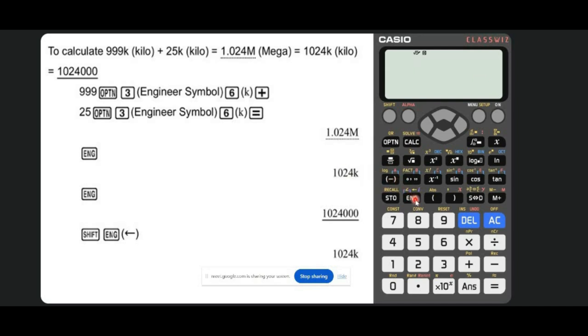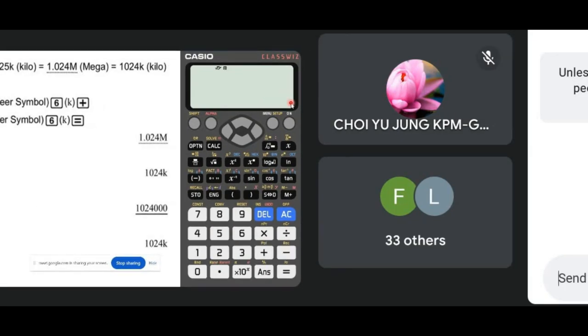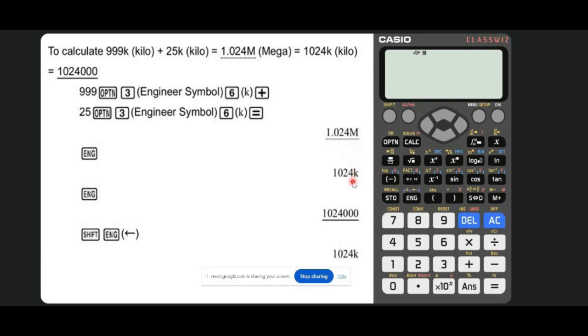Okay, when you press the ENG button, you will realize that the unit for the answer is changing. So you can choose which unit that you want, then that is your answer. Then when you press ENG from mega to kilo, then from kilo to this one, if you want to go back to kilo, you need to press shift.